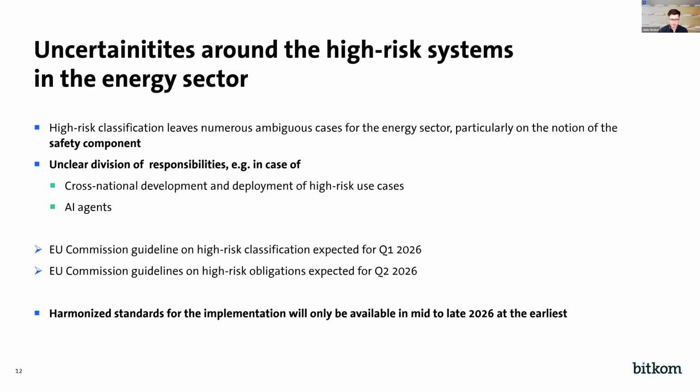So on the high-risk classification issue, we expect further guidance from the Commission in the first quarter of next year. And then on more general questions on the high-risk requirements, we expect guidance in the second quarter of next year. We could, of course, look very eagerly on getting some clarity there.